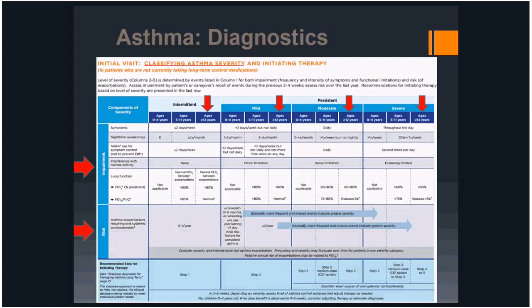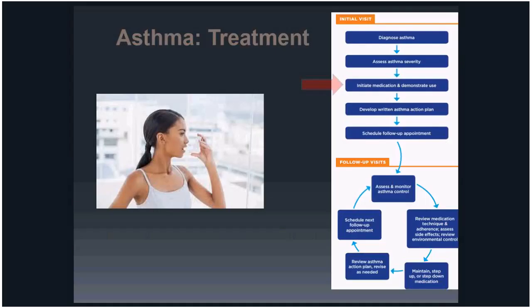So once it's determined that they have mild persistent asthma, if you go to the bottom, you can see under mild persistent asthma, where it has recommended therapy, it says step 2. So we're going to follow step 2 in order to manage this patient. So again, now we're going to initiate medication and demonstrate use.